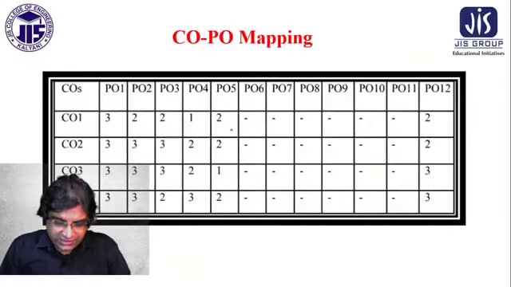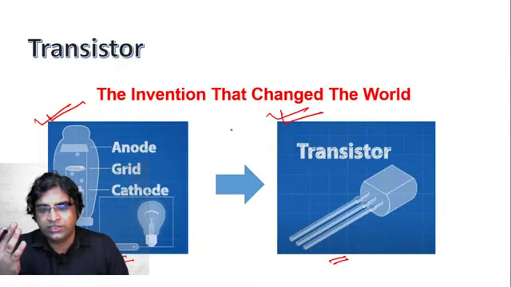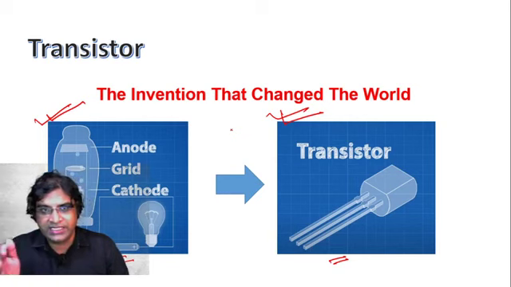In today's lecture, what we have studied first is how the transistor was developed, from the CRT, sorry, from the triode. From the triode, the transistor concept came.